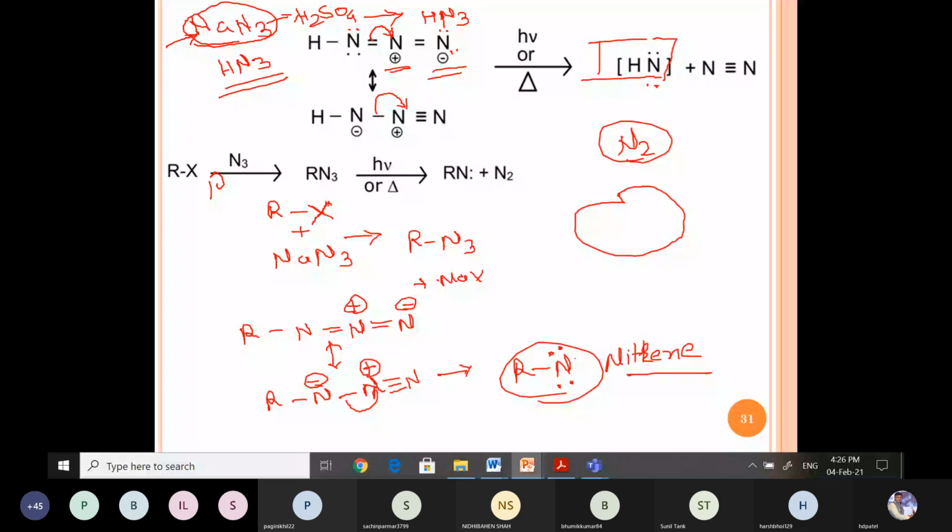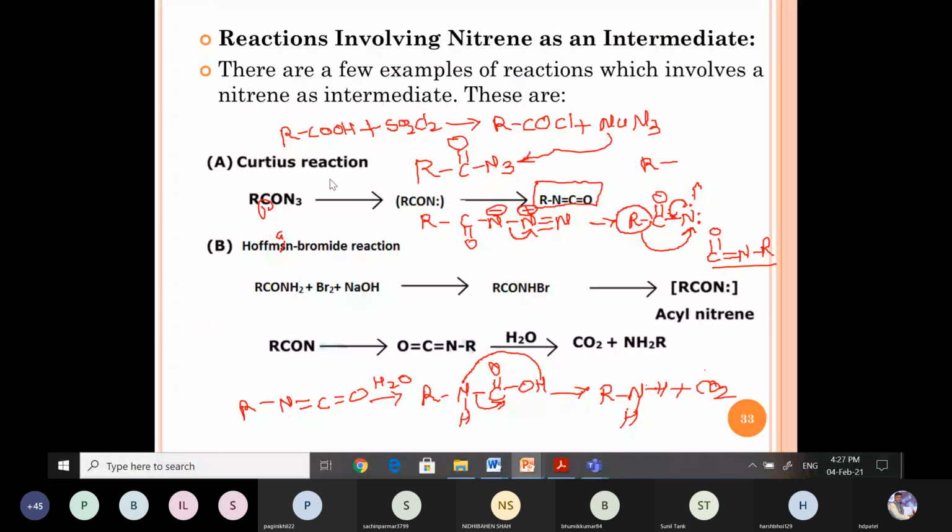Then this RCON3 we can write in this form, RC double bond O, N minus, N plus, N. And then by breaking of this bond, it will convert into N2. After that we get this compound RCON, its name is nitrene. And this nitrene by further rearrangement will give isocyanate, that is called RNCO.